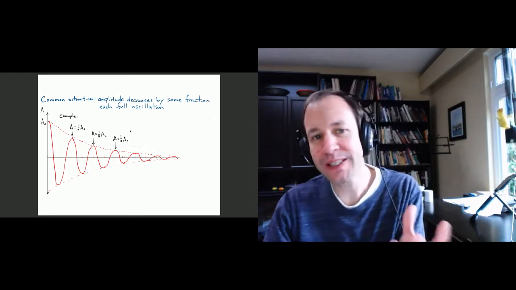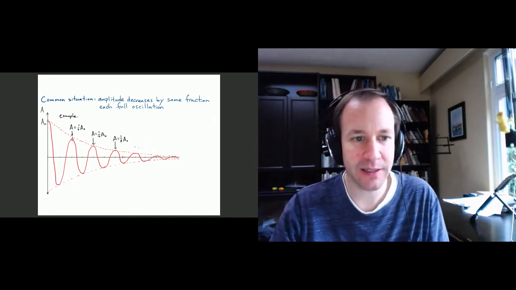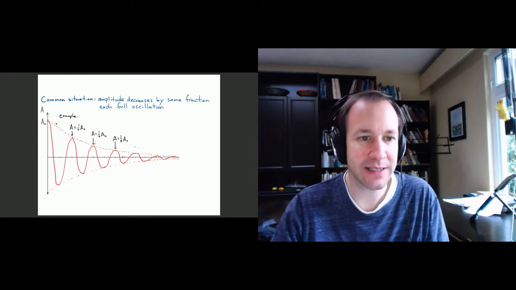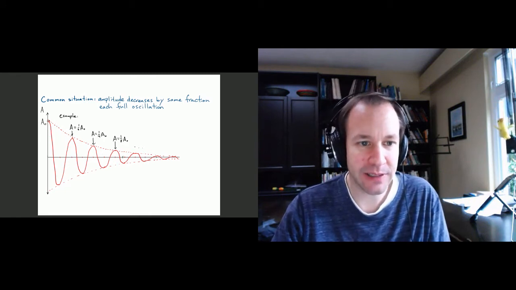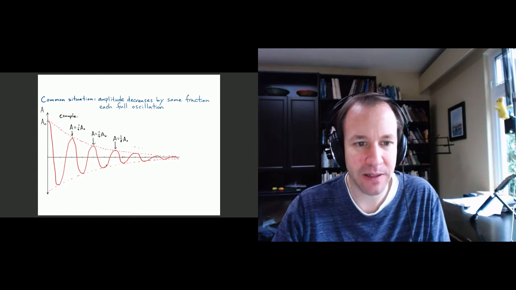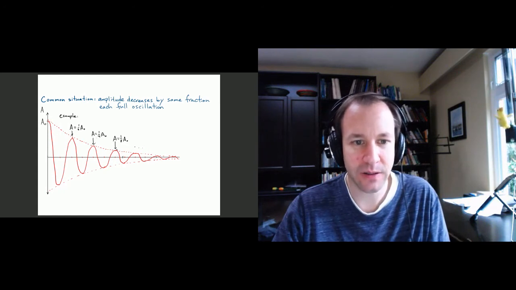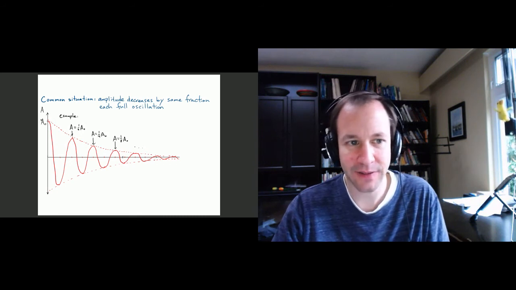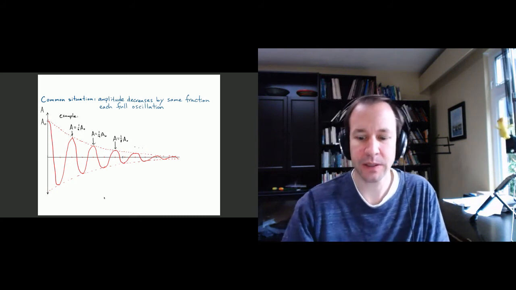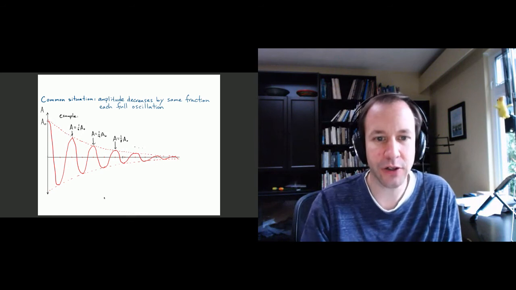So one natural period of time would be the period. And so in this example, we see that the amplitude decreases by about a half every period. So after one period, it's a half. After another period, it's a quarter. After another period, it's an eighth of the original. Okay. So what is this mathematical function?